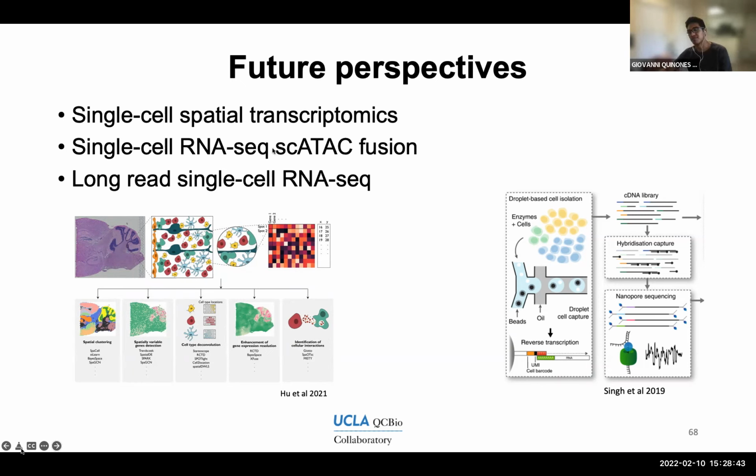And this has become a very important technology because now researchers are able to map a given transcriptome profile to a specific part of the tissue, a specific physical location of the tissue of interest.